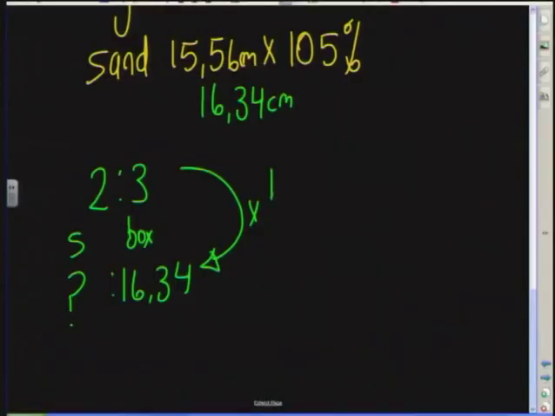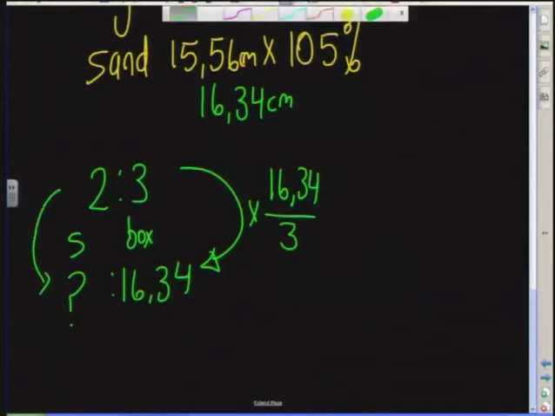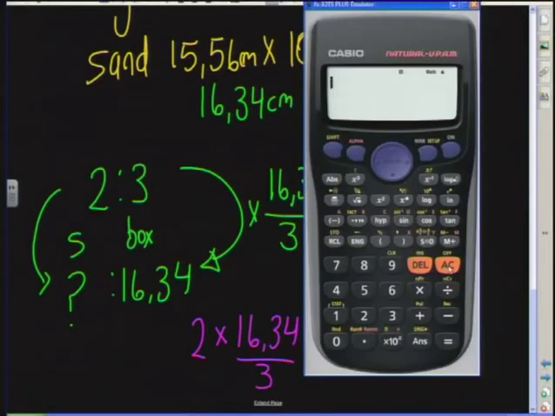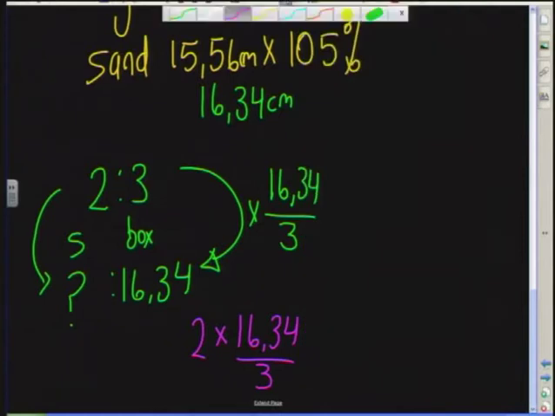We times by the second number over the first, and we do the same thing on the other side. So I'm going to rewrite that. So I've got 2 times 16,34 over 3. And let's do that on the calculator. 2 times 16,34 divided by 3. And I get an answer of 10,89.